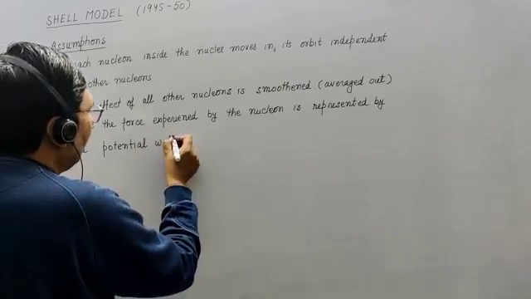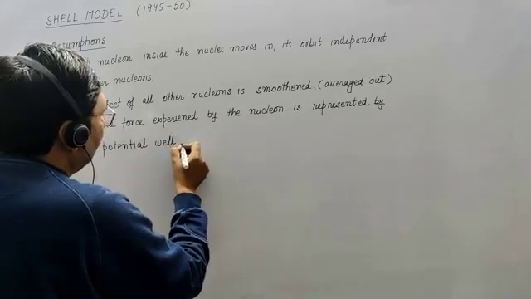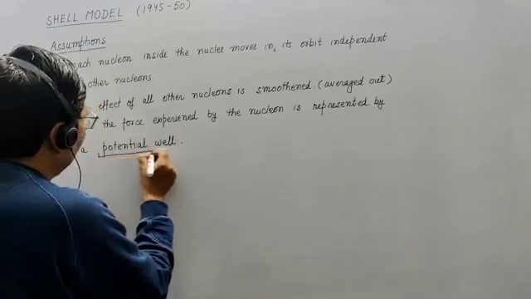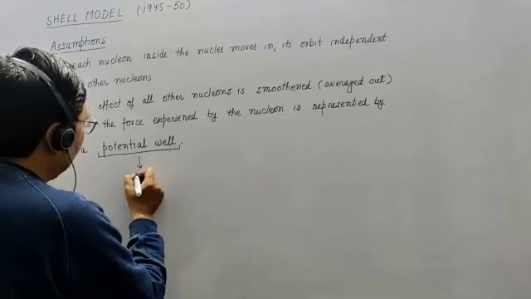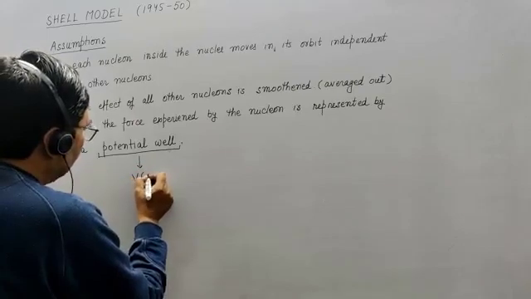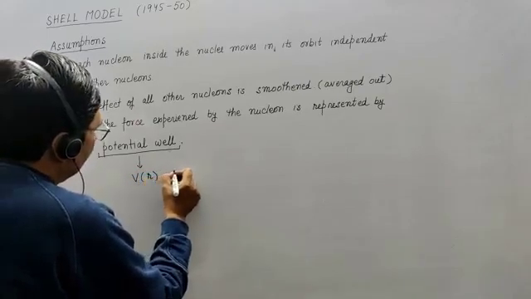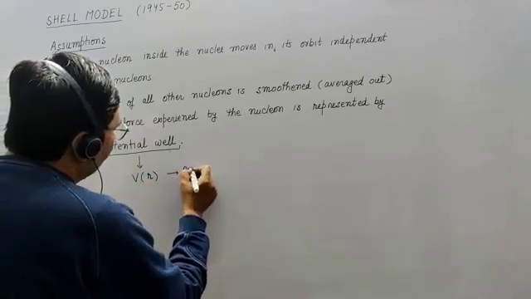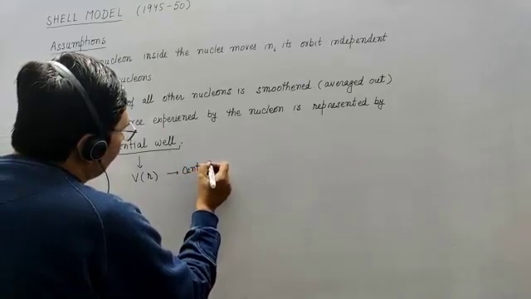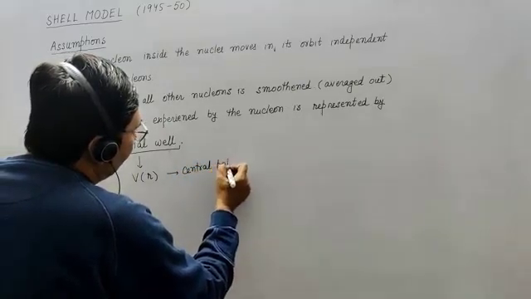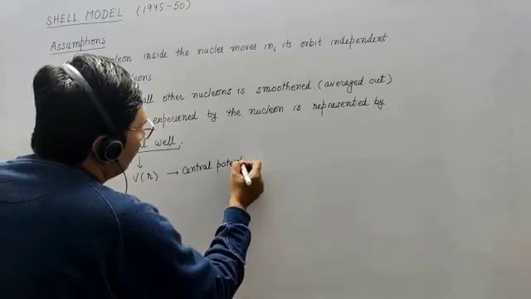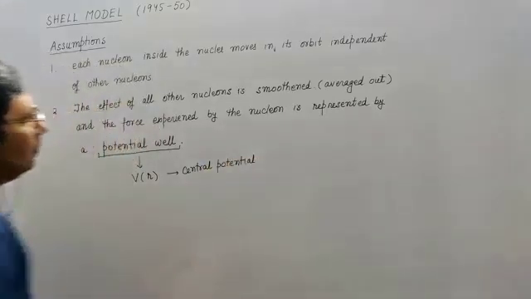Suppose that the potential well is represented by a central potential V(r). So now our problem is simple.